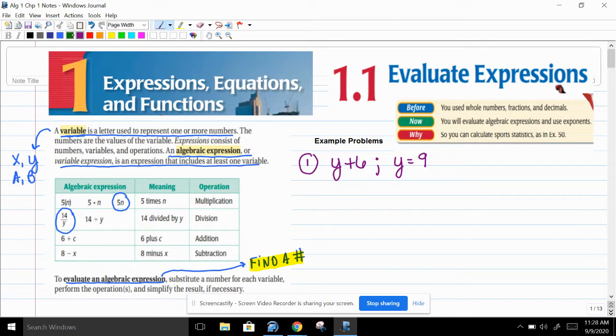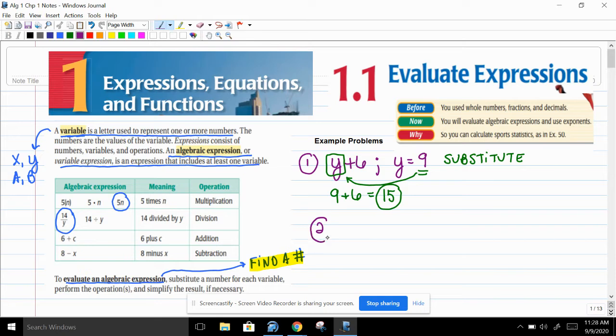So we're going to replace this y with that 9. That's called substituting, something you have probably seen before. So that 9 is going to replace that y. Instead of y plus 6, it would be 9 plus 6, which would be equal to 15. So our answer to that problem would be 15. We found a number as an answer.